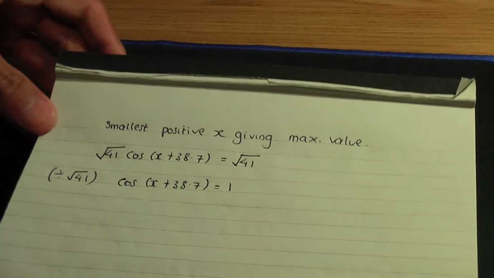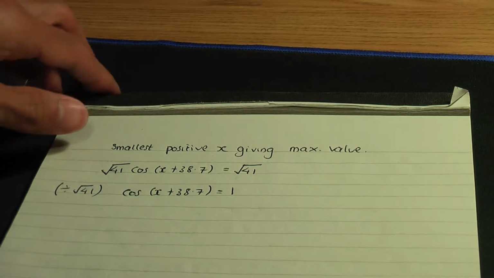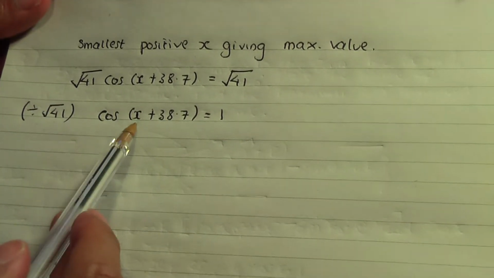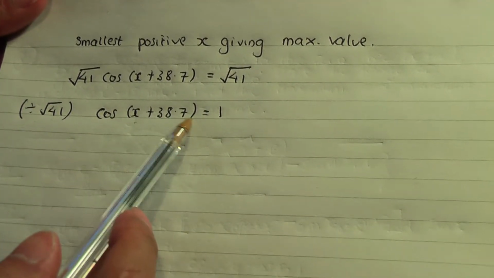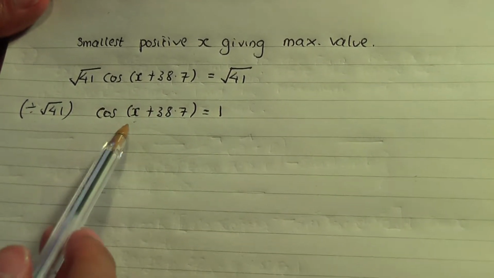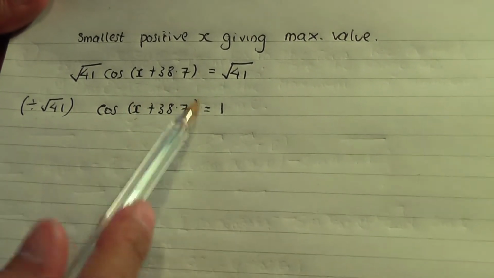In one of my videos on trigonometry, I showed that to solve an equation like this, if your angle is not x on its own or theta on its own, use a substitution. I tend to use t, so I let t equal that angle.